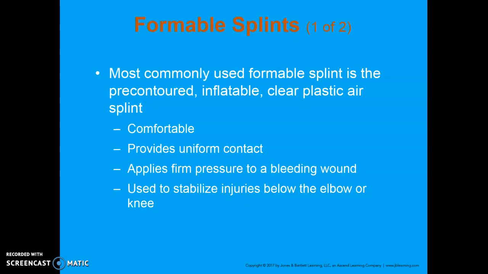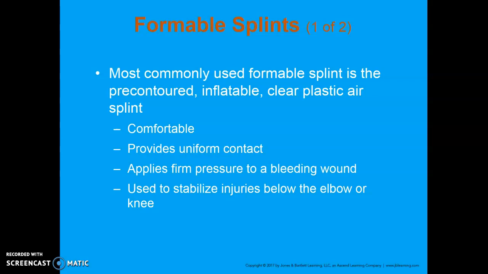Your formable splints, soft splint is a pre-contoured, either inflatable, clear plastic air type splint. We also use a lot of pillows, or SAM splints are a big one as well. They're relatively comfortable, provide uniform contact and pressure across everywhere.